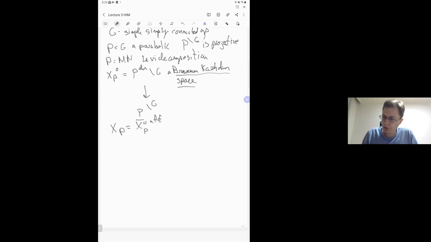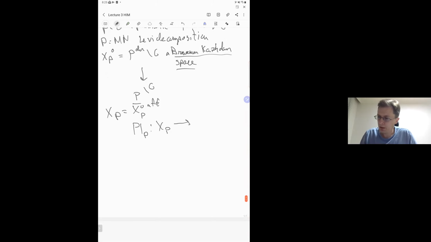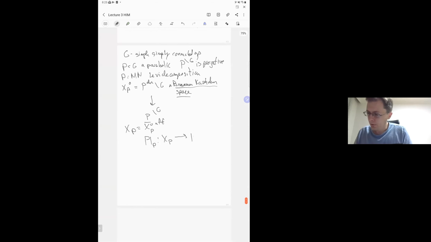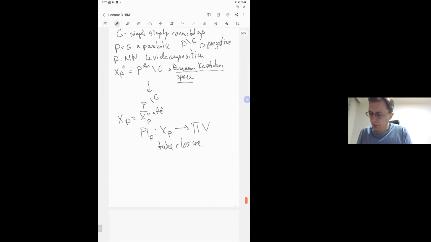And I'm going to let X_P be the affine closure of this thing. What you can think about this as is there's a so-called Plücker embedding from X_P in general into some product of vector spaces, and you take the closure.